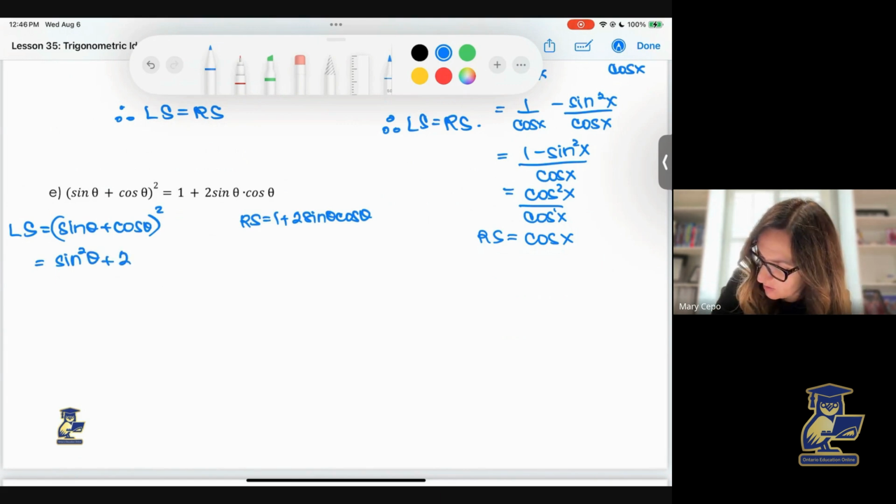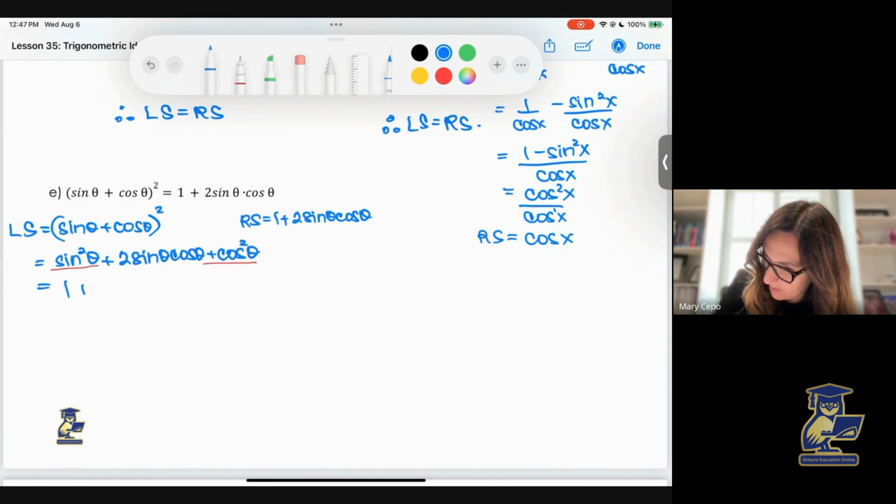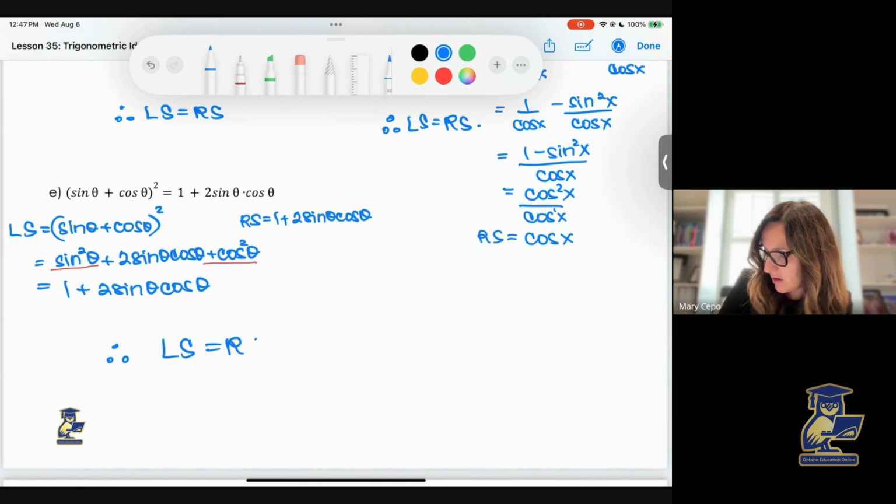So plus 2 sine theta cos theta plus cos squared theta. Now we know sine squared theta plus cosine squared theta is actually equal to 1. So if we took sine plus cos squared, that's going to equal 1 plus 2 sine theta cosine theta. So therefore, we've just shown left side is equal to your right side.